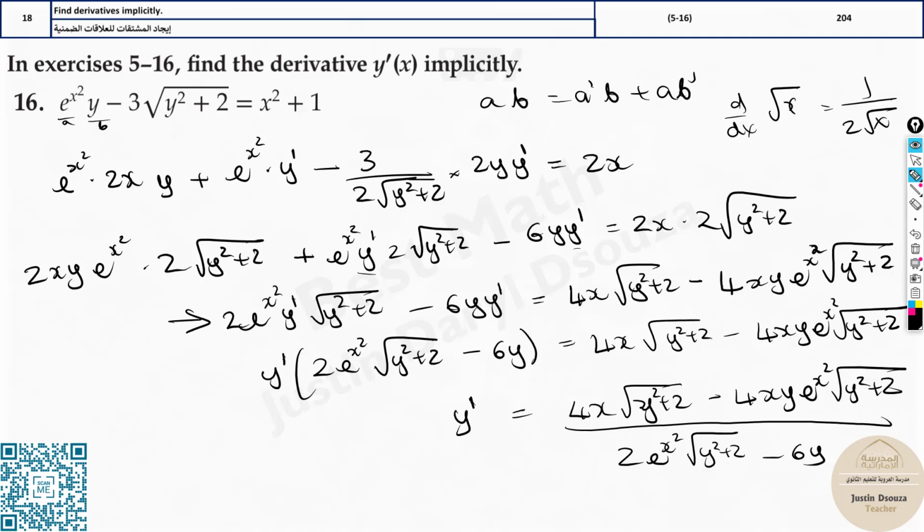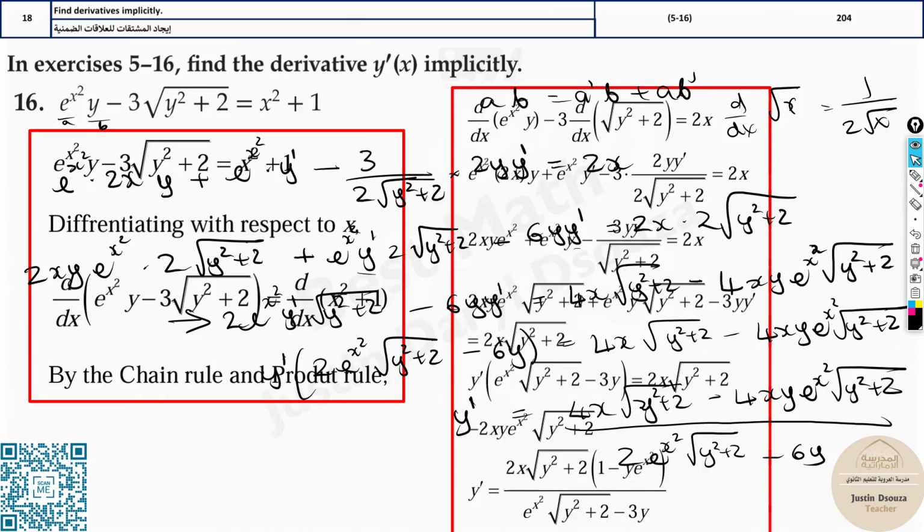The right side will remain the same. Now here if you remove y prime outside, this is going to be only these two terms omitted, right? You can directly write this skipping this term, but just for understanding purpose I've written all the details. So that would be the answer, and that's it.